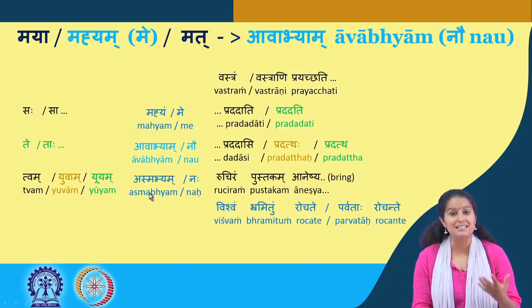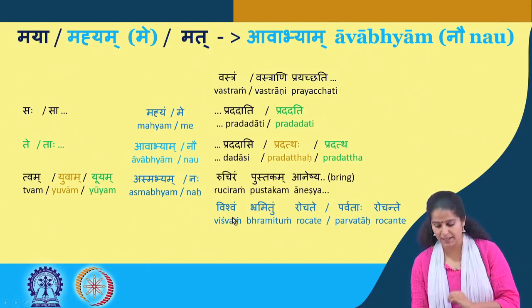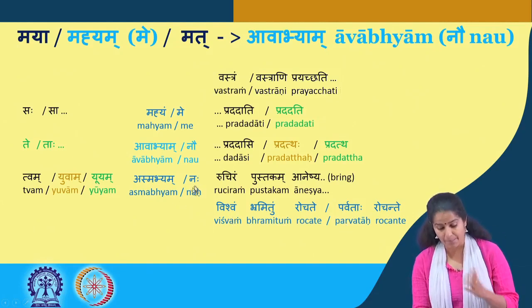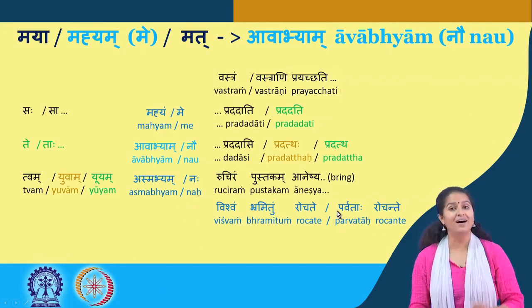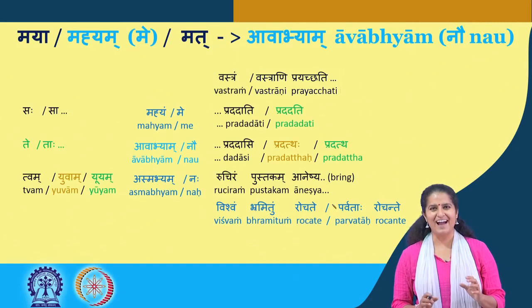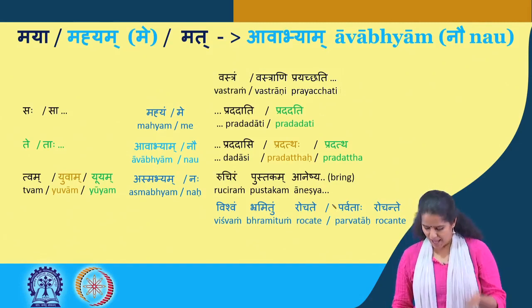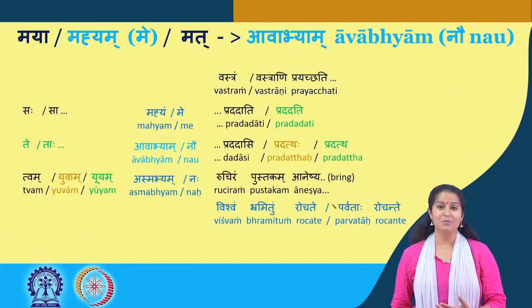And finally, asmabhyam, or naha vishwam brahmitum rochate, and asmabhyam, or naha parvataha rochante. Uttamam. So I think you're getting a hang of this. Practice it some more, replace words freely, and you will be more confident with this.